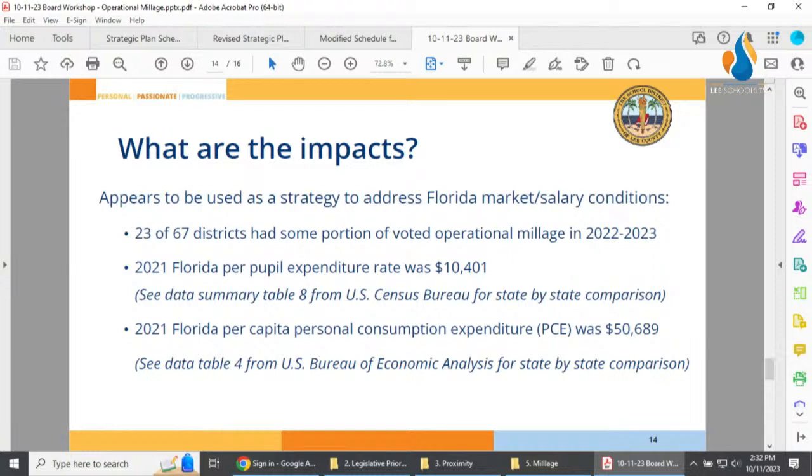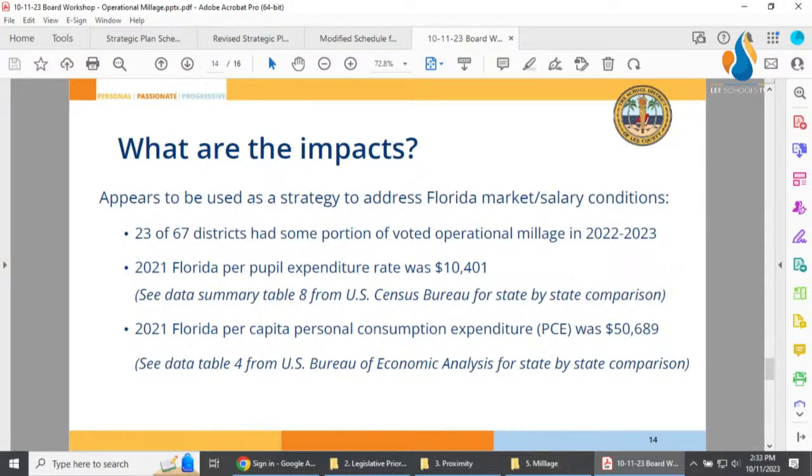So for the overall context, this is often marketed to try and offset what is a market-driven strategy. That's how it's often billed, and that's not just to compete regionally, but to compete nationally, most often for teachers. The rationales that the various districts use to bring this forward are usually self-evident upon a reading of the marketing materials those districts use, or even reviewing their specific resolutions that they file where the voter referendum is being pursued.